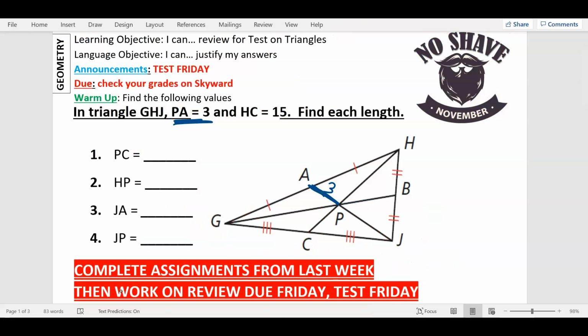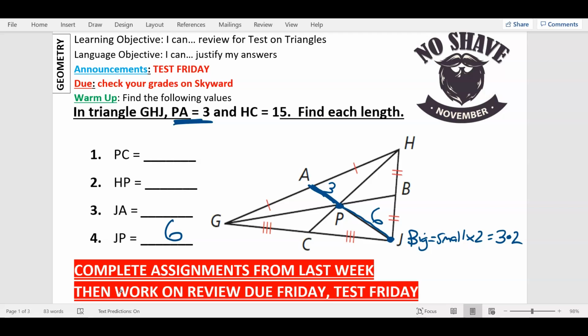For JP, number 4, the big equals the small times 2. So the small one is PA, which is 3. What's 3 times 2? 6, right? So JP, the big part, is double the small part, and it's 6.